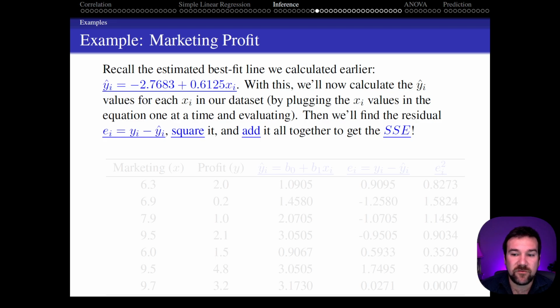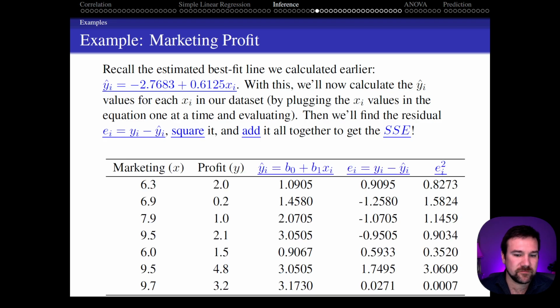Once I have that, I'll find the residual, the distance between the observed y and that predicted y hat that we calculate. I'll square that difference, and then I'll add them all together to get that sum of squared error. My table might look something like this. I have my x and my y value. In a third column, I'll do that b0 plus b1x.